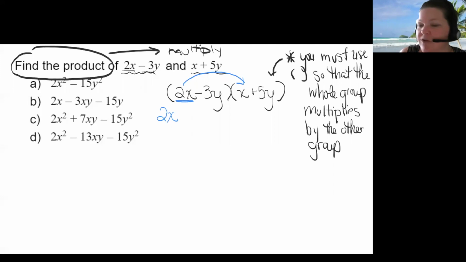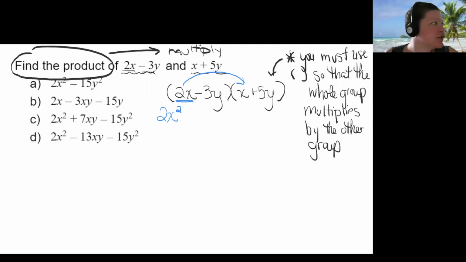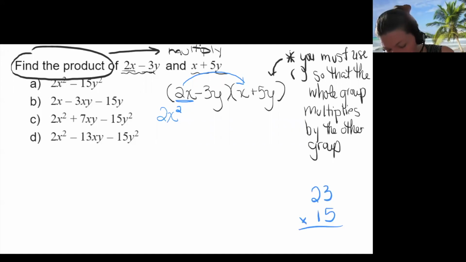I already had 2x and now I want to multiply by another x. What will I get? Square. Exactly, 2x squared. Mathematicians use exponents to talk about repeated multiplication. So now what? Remember that just like when we're multiplying multi-digit numbers, you're not done until you completely pass the number out.